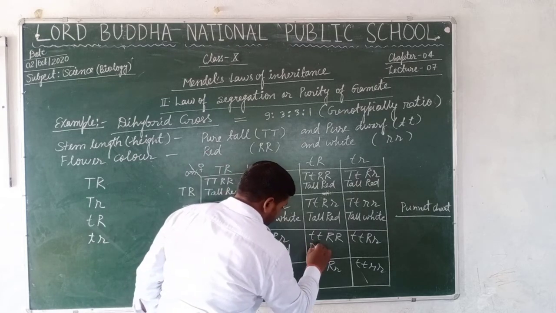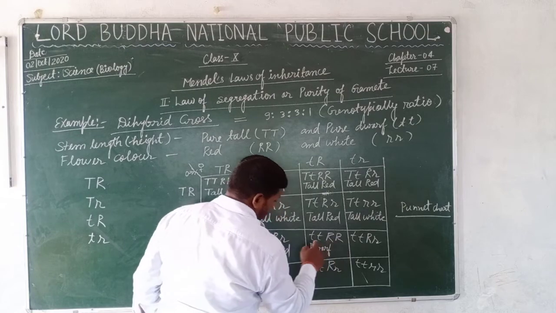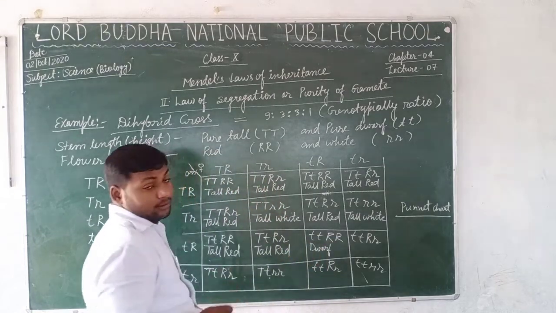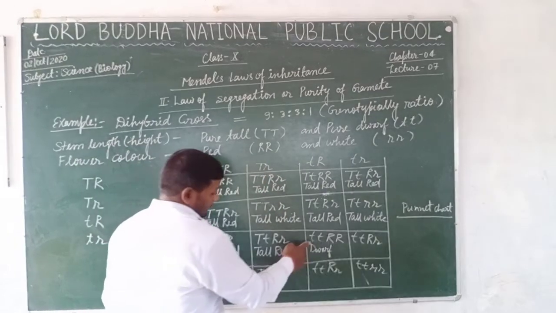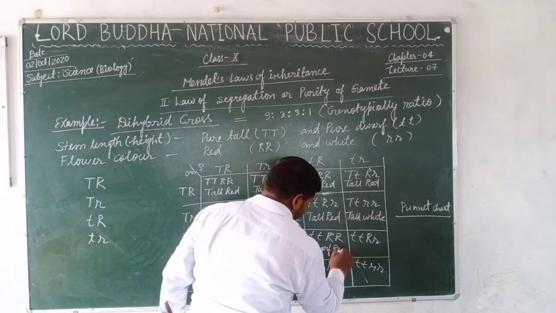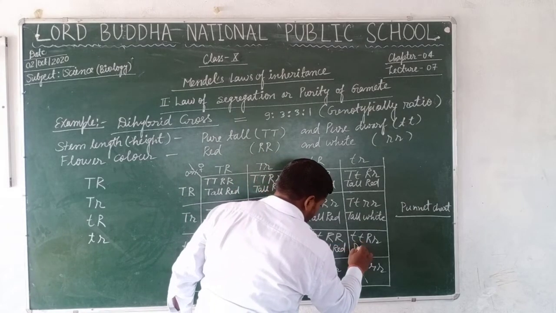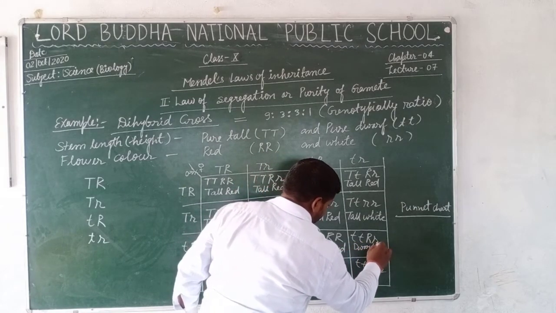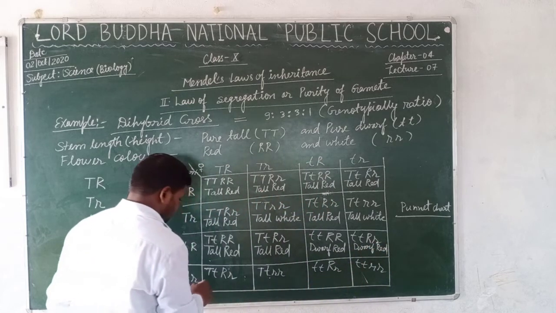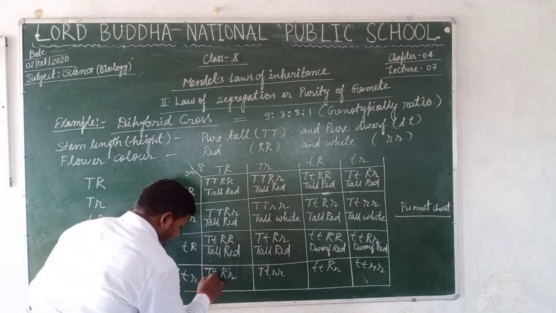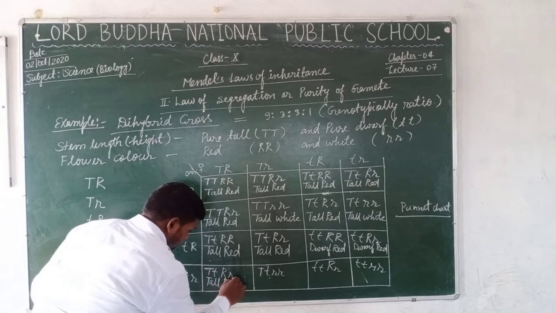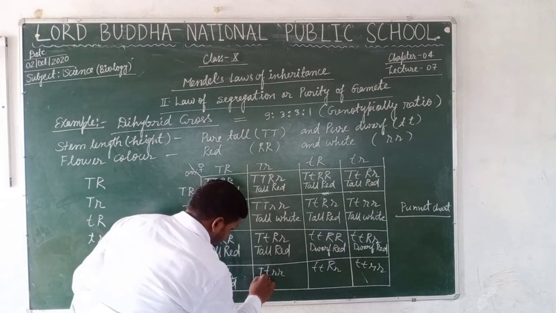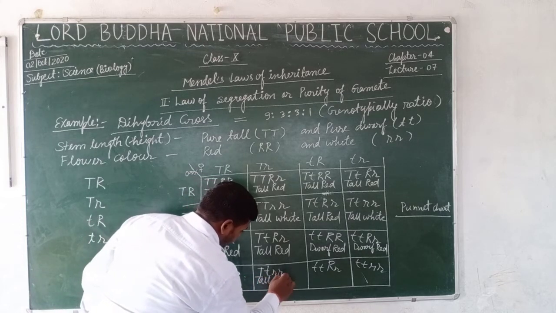The dwarf red, yes students, because both alleles for height are recessive, hence dwarf. This is also dwarf red. This will be tall red, tall white.